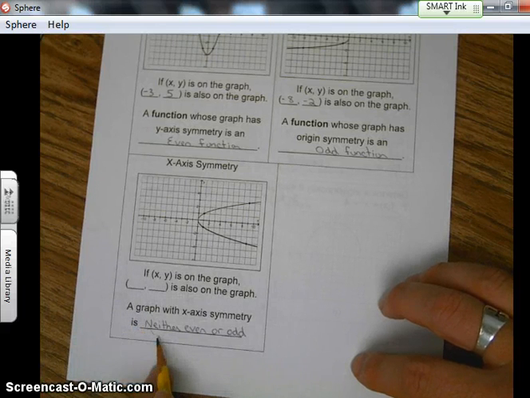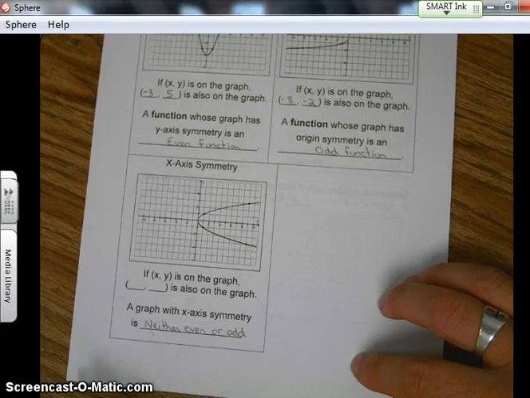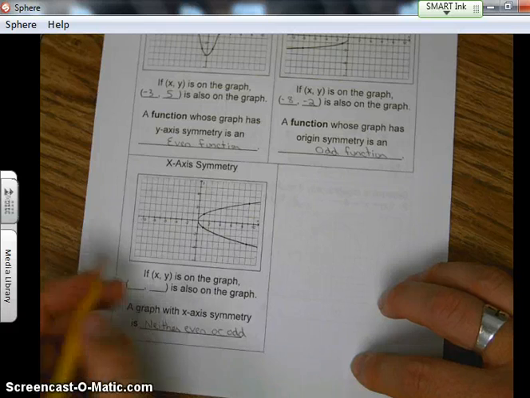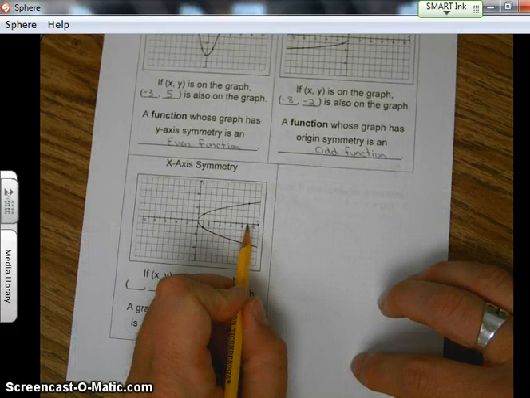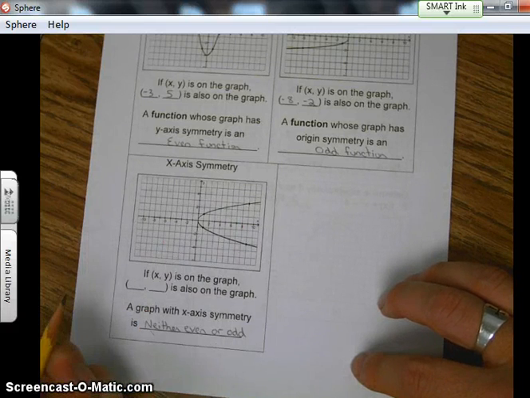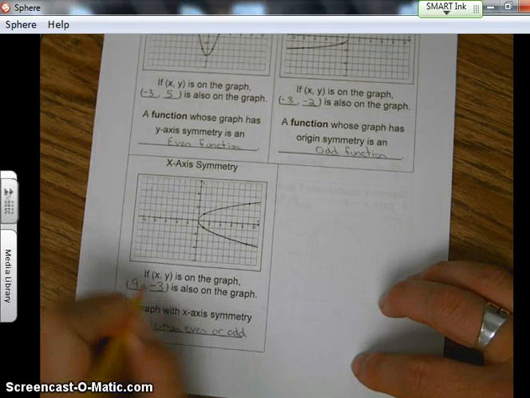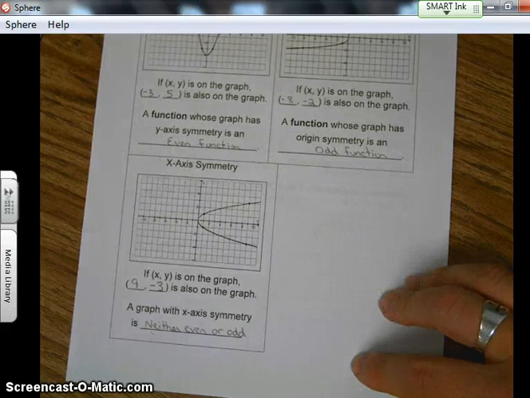So you would write down neither. But if you do have x-axis symmetry, if you take a point, say (9, 3), then (9, negative 3) is also on the graph.